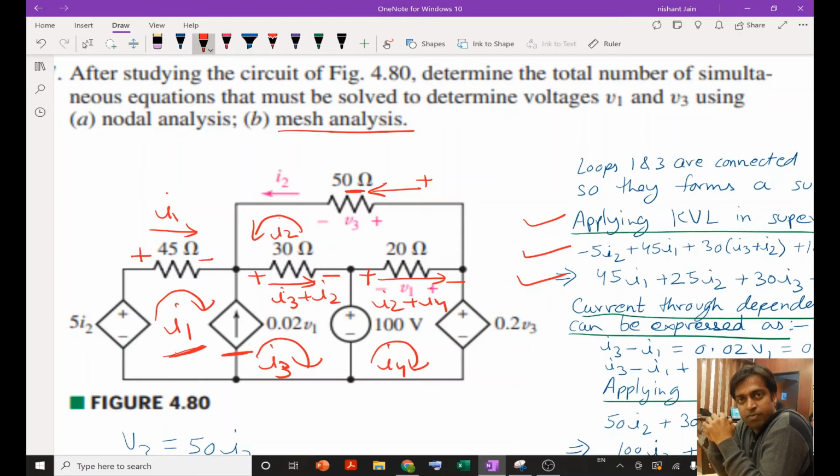Now the current through this current source will be equal to I3 minus I1. So I3 minus I1 will be equal to 0.02 V1, right?